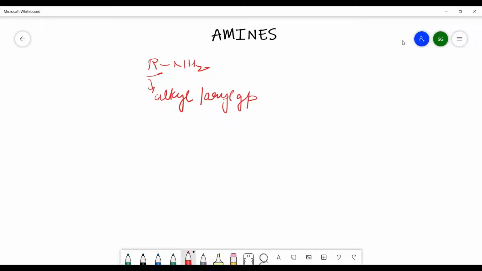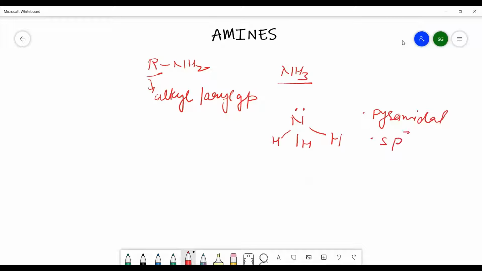These amines are derivatives of ammonia, in which the nitrogen has one lone pair of electrons and three bond pairs of electrons present in this manner. It has a pyramidal shape with sp3 hybridization and a distorted tetrahedral geometry. Likewise, it has a bond angle of 107 degrees.